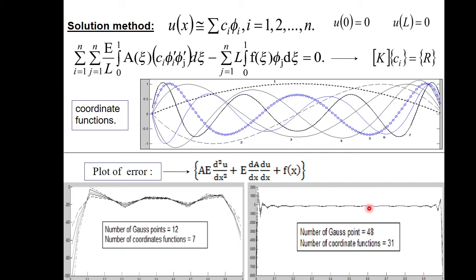Now you see, to carry out this particular operation, we have to carry out numerical integration. What are the schemes of numerical integration? Trapezoidal rule, Simpson's rule. One particular method is Gauss integration, the Gauss-Legendre integration method. It was not covered in your numerical analysis, right?